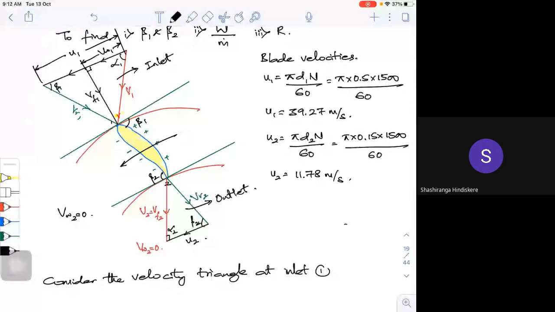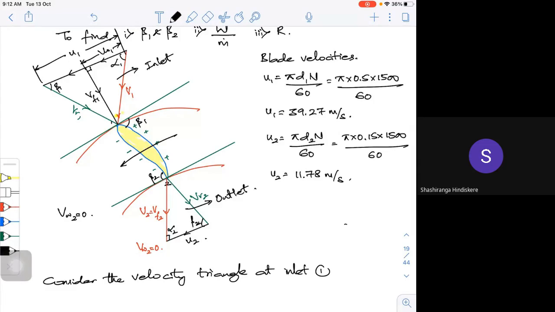Now, if I try to look into this particular inlet velocity triangle, what is cos alpha? Cos alpha is nothing but your adjacent side divided by your hypotenuse. That is VW1 divided by V1. Okay. Then what is my sin alpha?